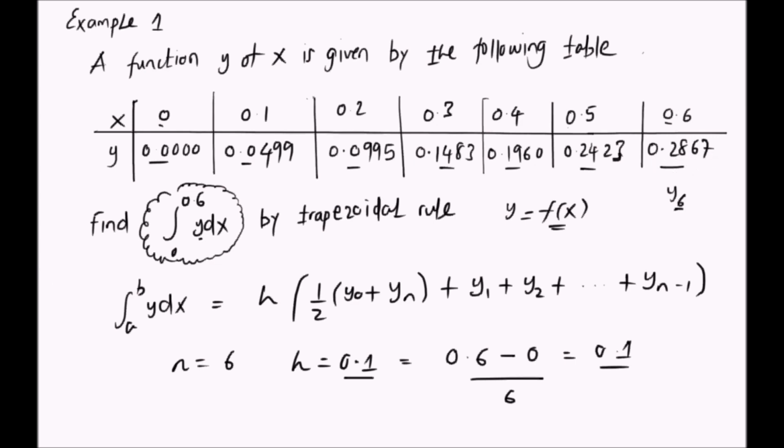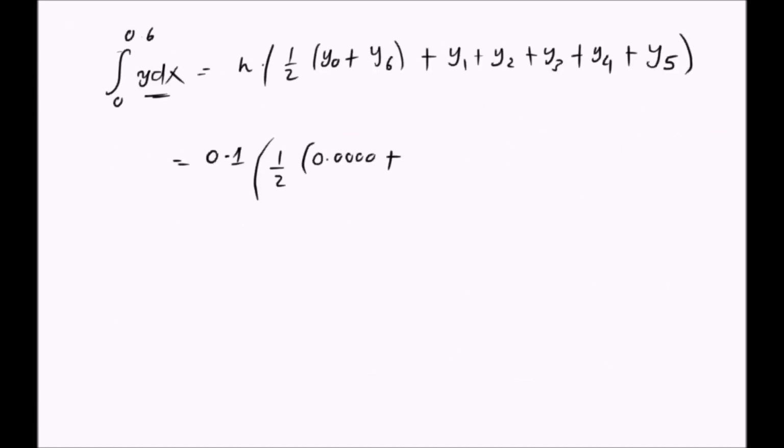So na yenyewe nitaiandika 0.2867, and then y1, y2 mpaka y5.